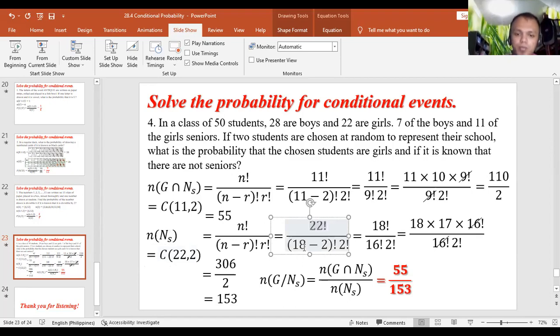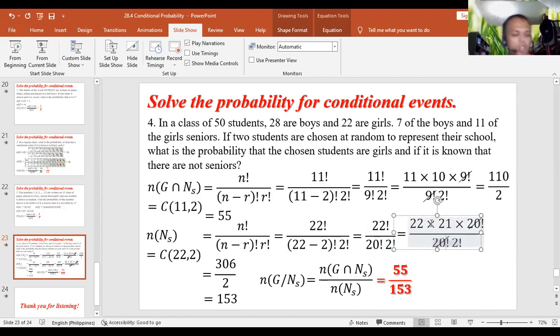Now, palitan natin 'to ng 32. Okay? So here, yung n natin is 32, yung r natin is 2. So 32 minus 2, okay, that is 30. Then we have 32 times 31, expand natin. This one is 30.